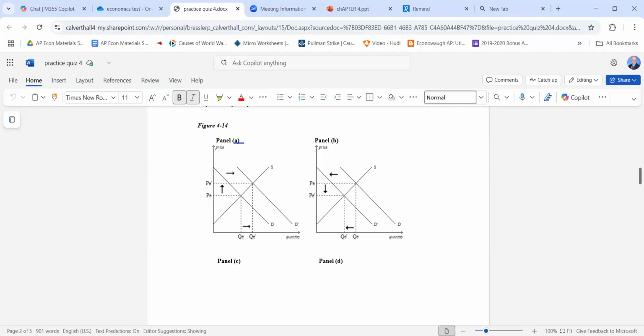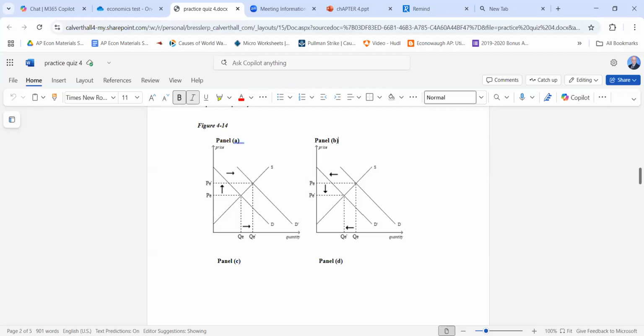Subsidy, which is like an incentive. And then taxes. And I think we did an example with taxes today. So you've got resources, inputs, wages, production costs as examples, alternative production, technology, number of sellers, expectations, subsidies, and taxes.